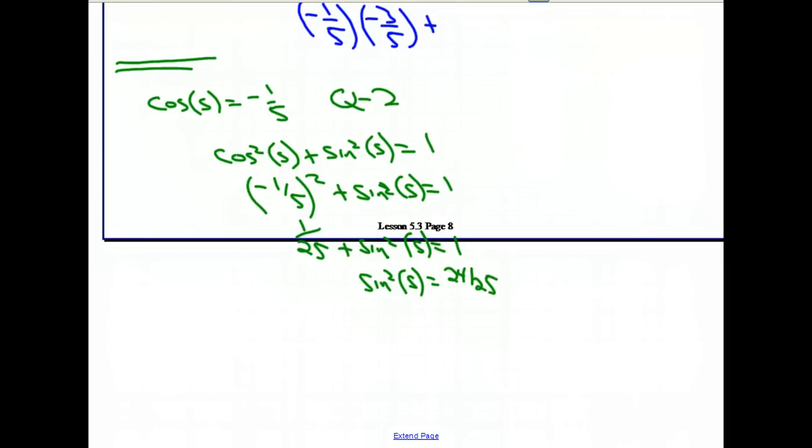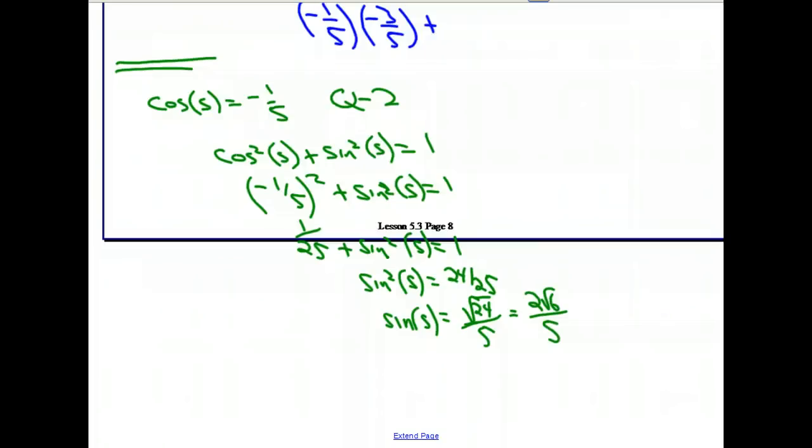I'll take the square root, and I've got the sine of s is the square root of 24, which I'll simplify, all over 25, and the square root of 24 simplifies to 2 root 6, because it's 4 times 6. Oops. And the square root of 25 was not 25, was it? That was over 5. So 2 root 6 all over 5.